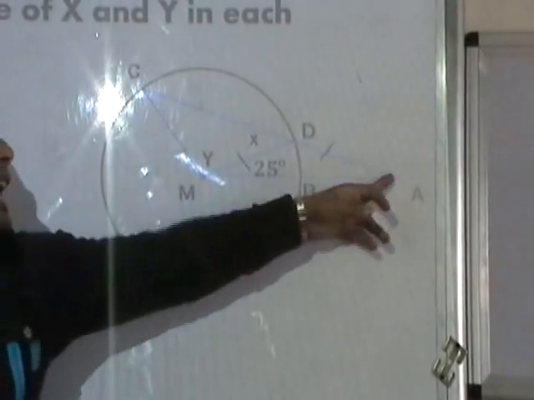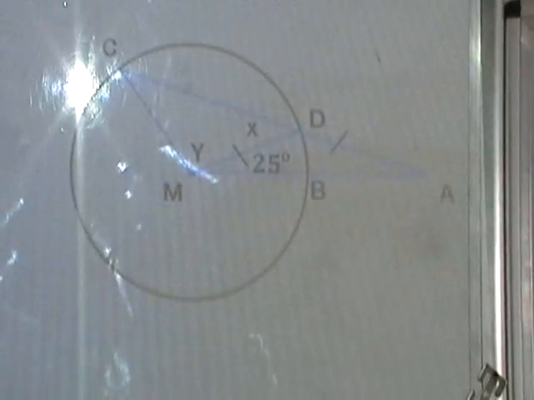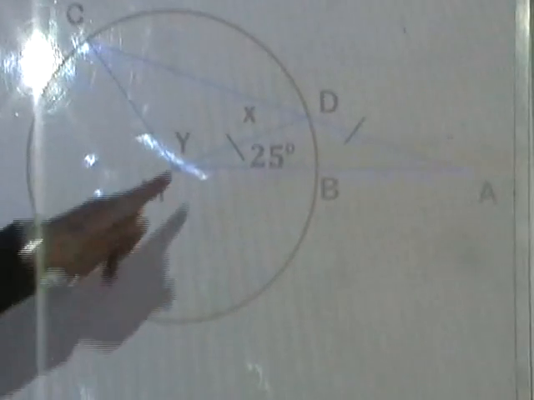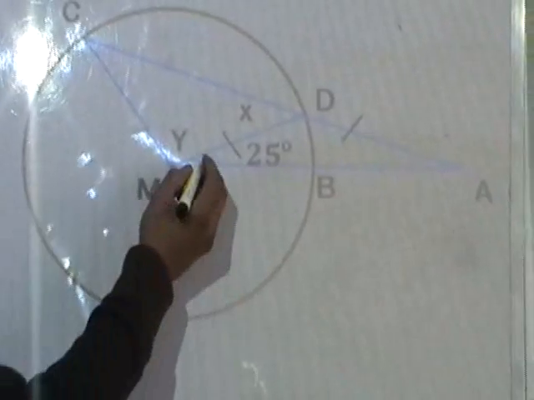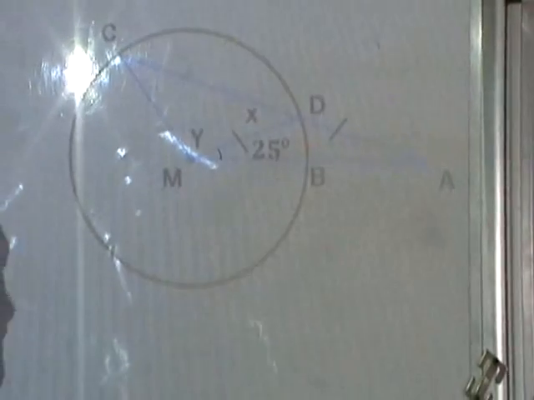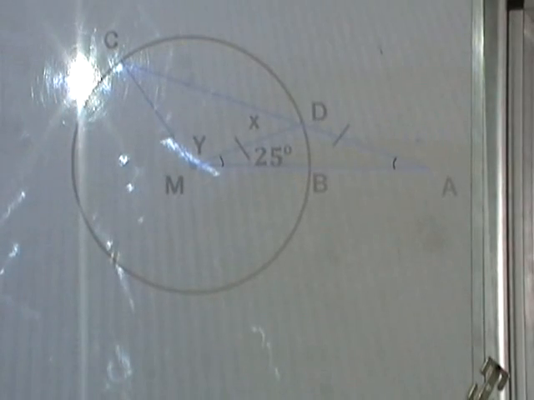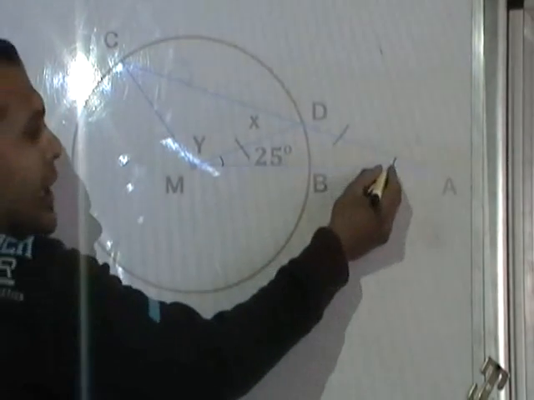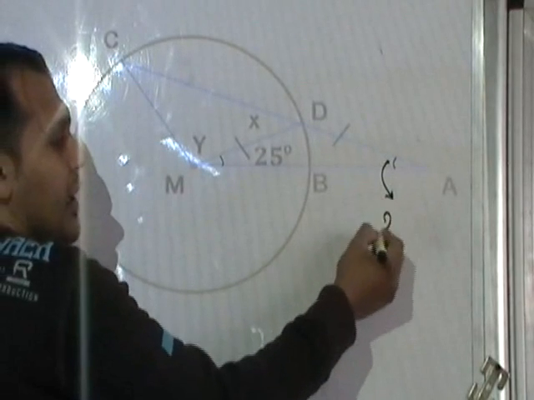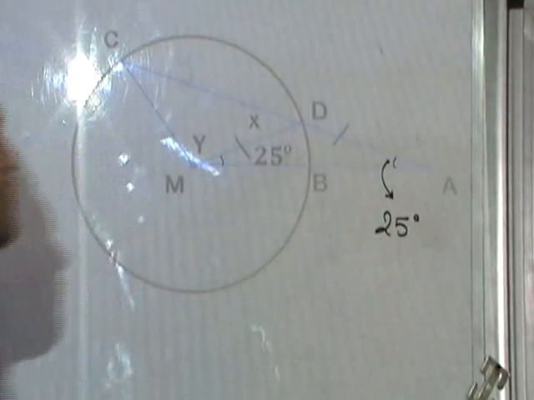I have triangle ADM, it's an isosceles triangle. This isosceles triangle has two base angles, angle DMB and angle A. They will have equal measures, so we can say that the measure of angle A will be 25 degrees.